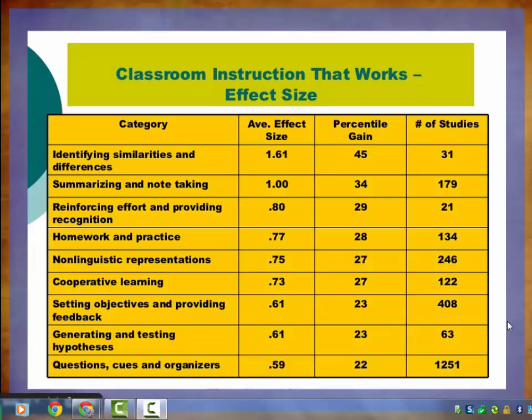Classroom Instruction That Works provides research-based data showing how teachers can increase student performance with the effective integration of content literacy strategies.